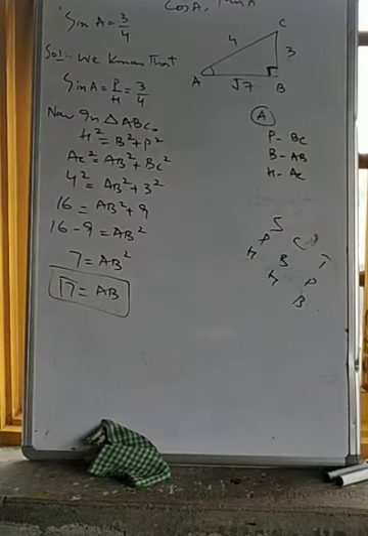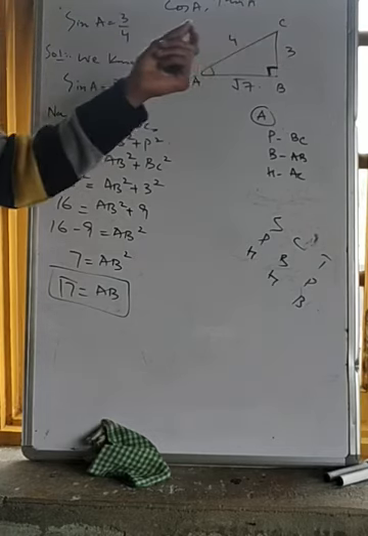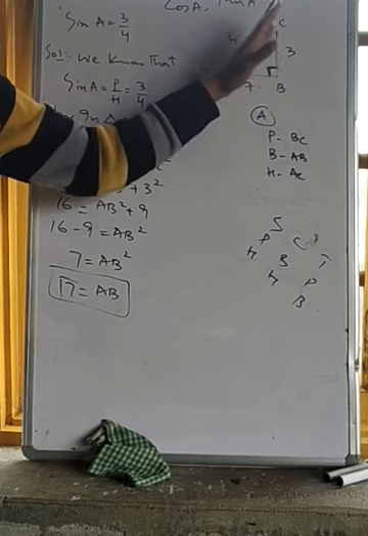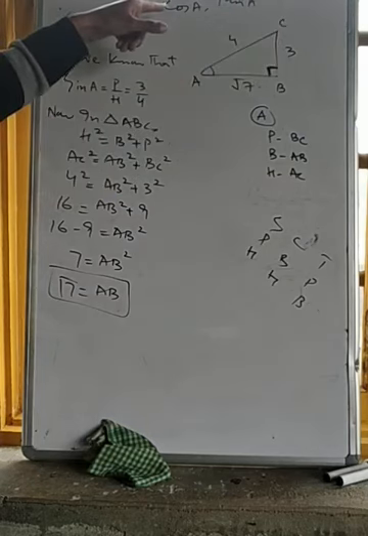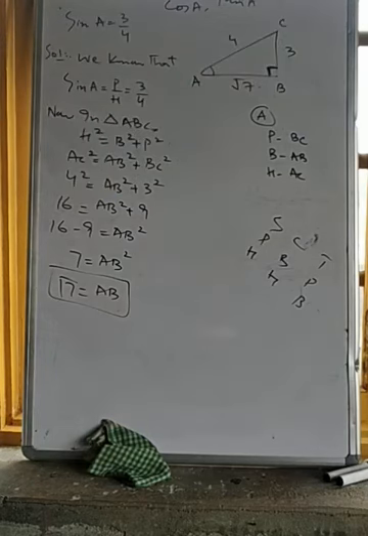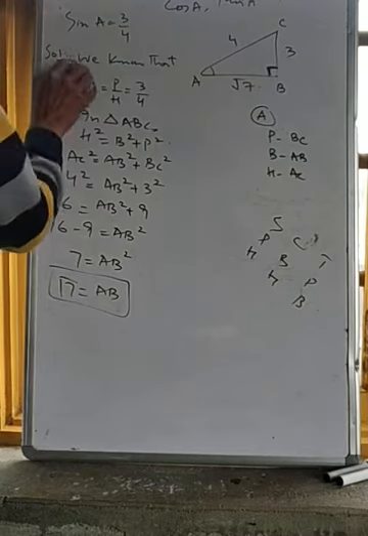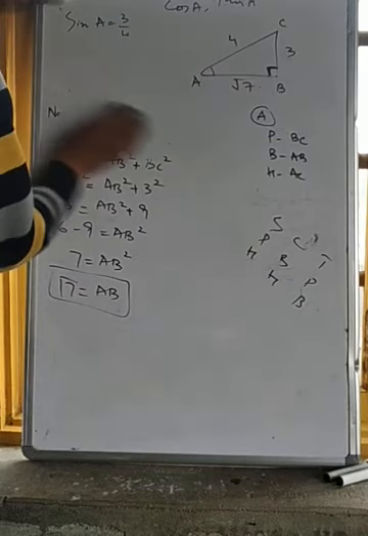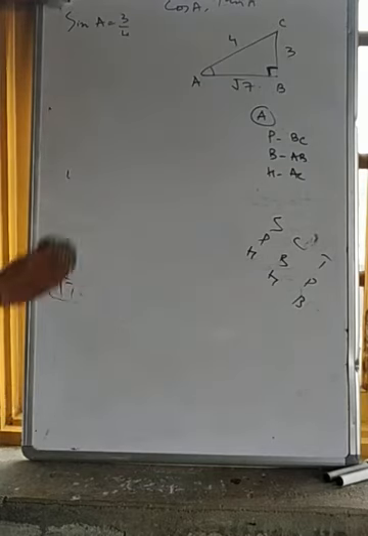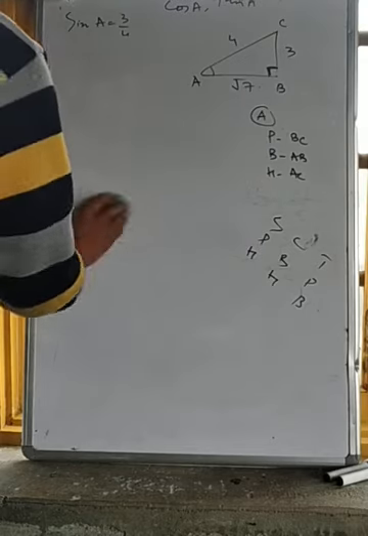So to proceed with the questions, we first have to make sure about the three sides of a triangle. We have to find all the three sides of a triangle, then go on to solve the questions. Let's see what we are asked to find.